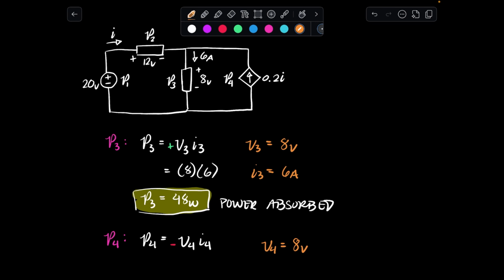And I sub 4, we see the value here is 0.2 I. And we know that I here is equivalent to 5 amps.